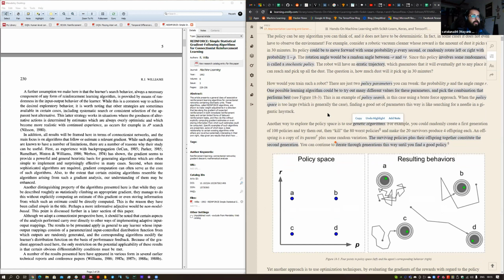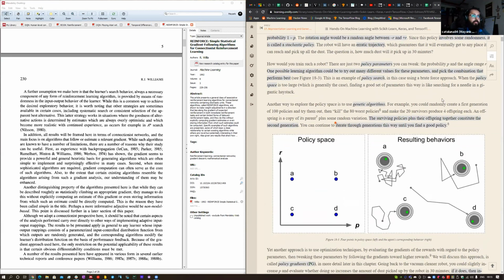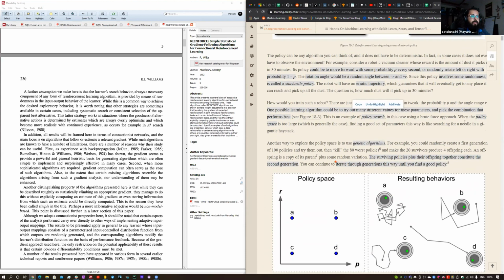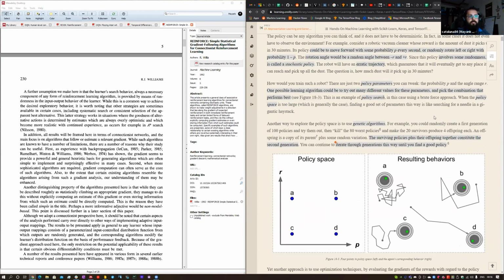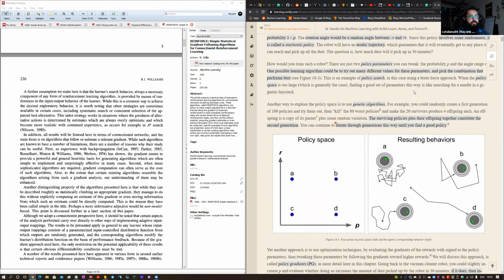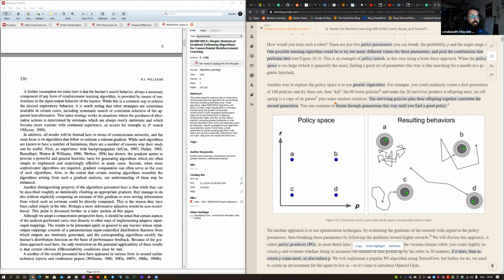Then there is an intuitive idea of how you would train that robot, since there are just two policy parameters, the probability P and the angle range R. The author gives an example of policy search with respect to P and R. Imagine this is the policy space with points A, B, C, and D, where R is increasing in one direction and P in the other.